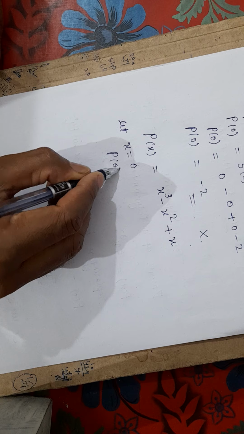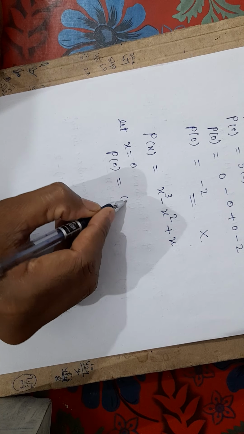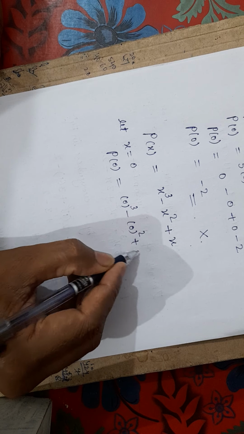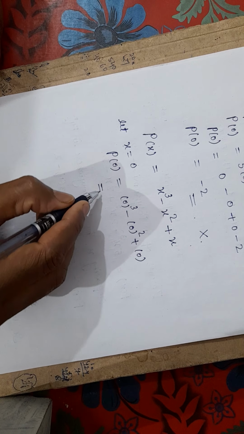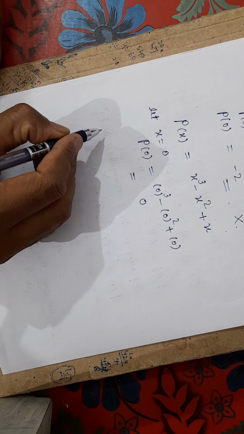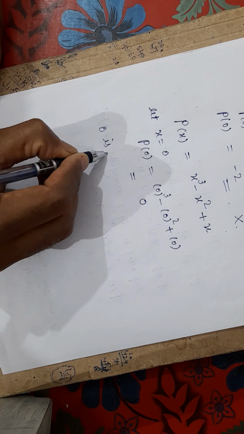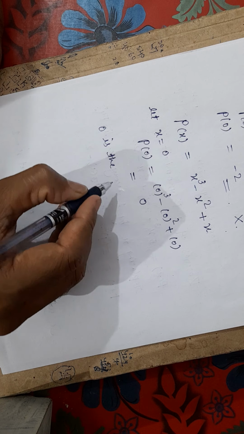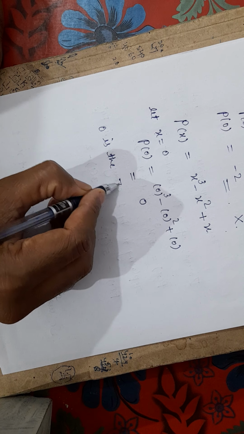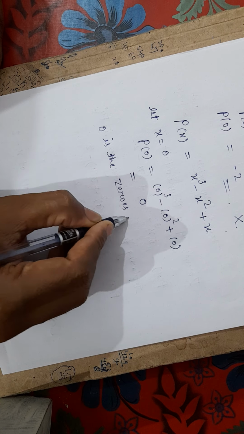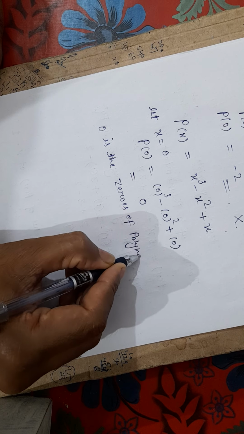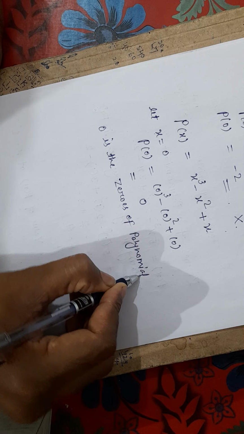In the place of x put 0: 0 exponent 3 minus 0 exponent 2 plus 0. So the overall value of this equation is 0. So now we can say that 0 is a zero of the polynomial p(x).